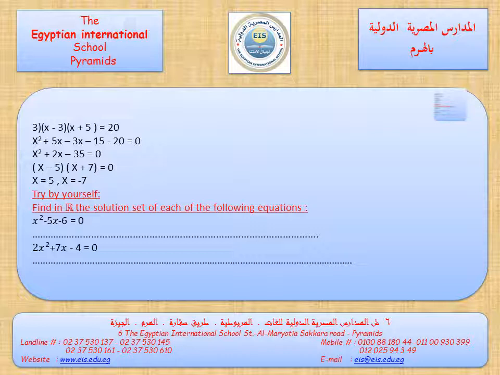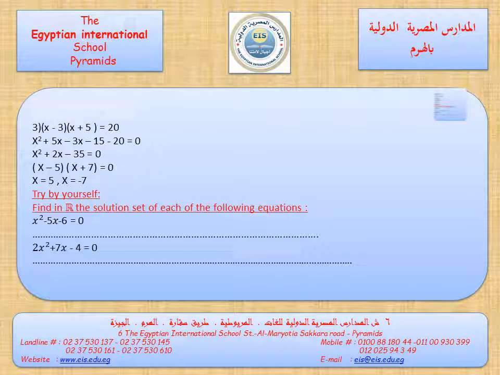First, x by x equals what? x power 2. x by 5 equals what? 5x. Take care of the sign. Negative 3 by x equals negative 3x. Negative 3 by 5 equals negative 15.